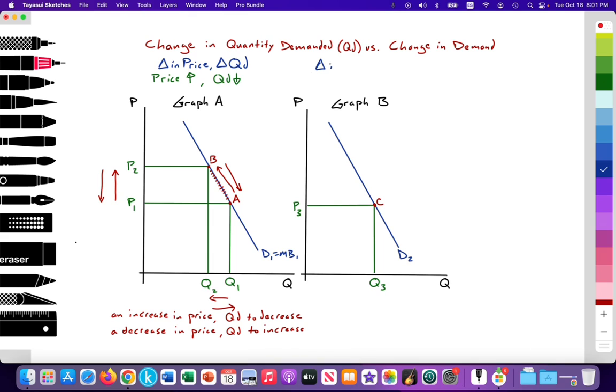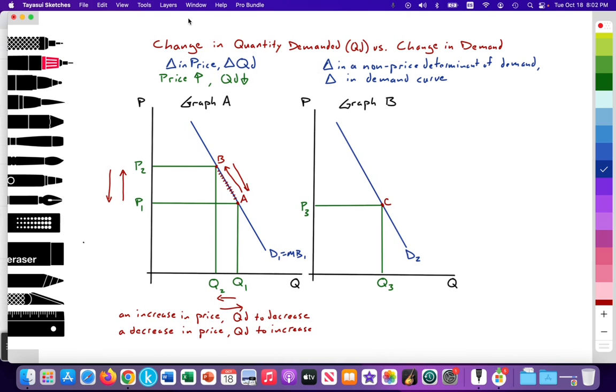So if there's a change in a non-price determinant of demand, that will lead to a change in demand, in the demand curve itself, a change in the position of the demand curve. What are these non-price determinants?